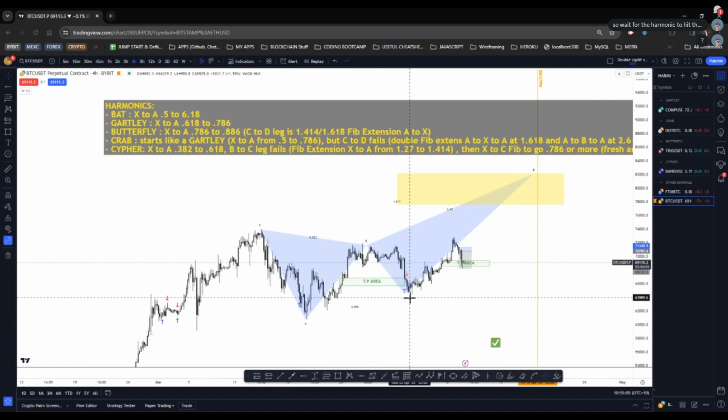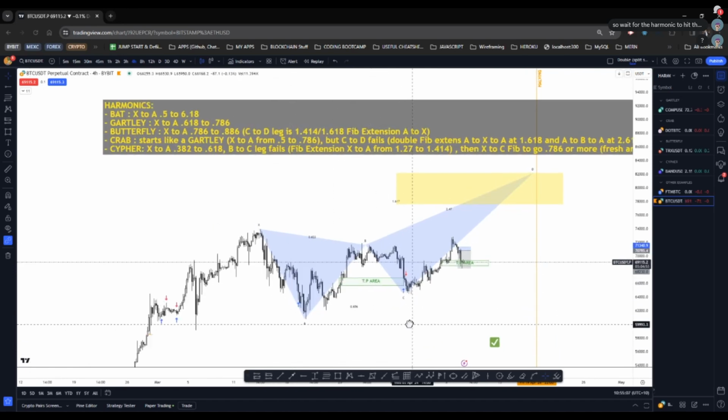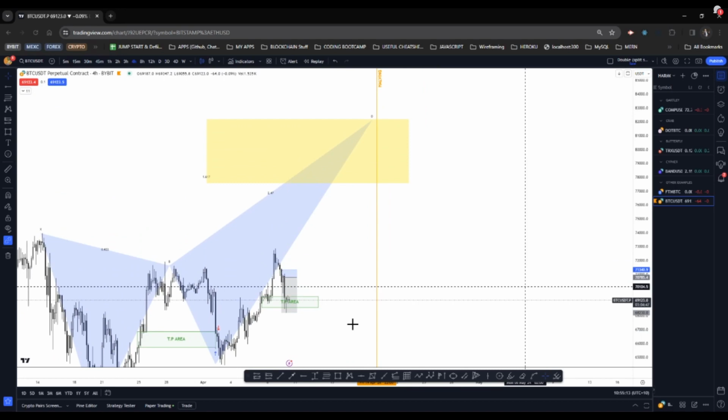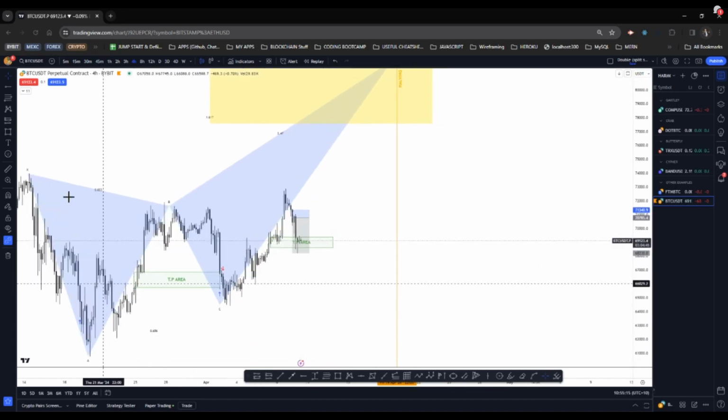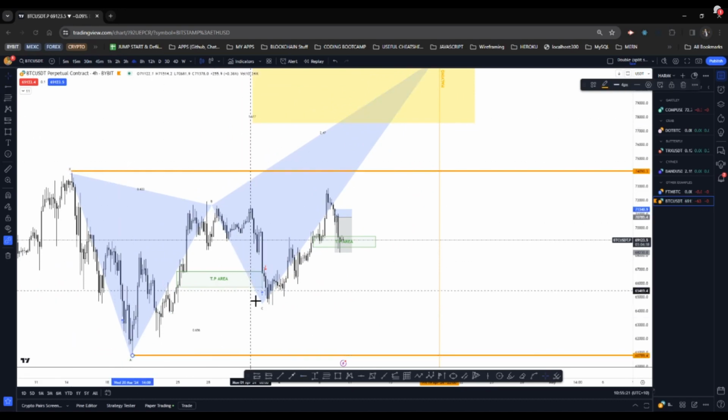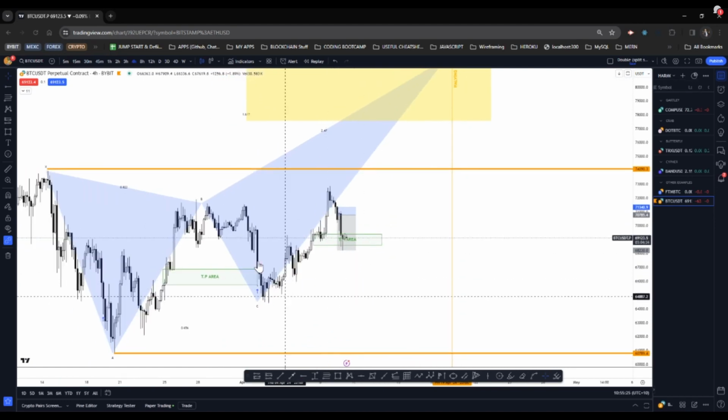So in this case, X to A to B to C, I can see that C didn't fail. It did in fact respect the range, right? You can see this was the range and this was the range. Once I start seeing this, I definitely know that it's a butterfly pattern.